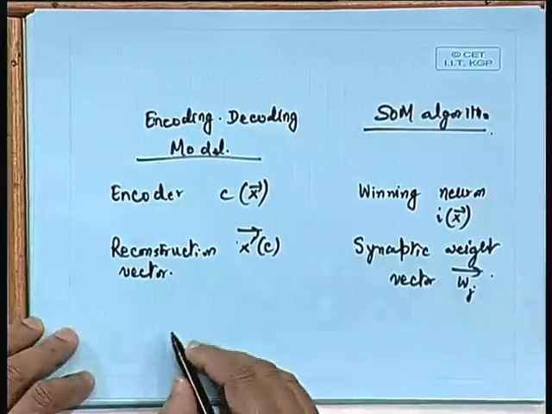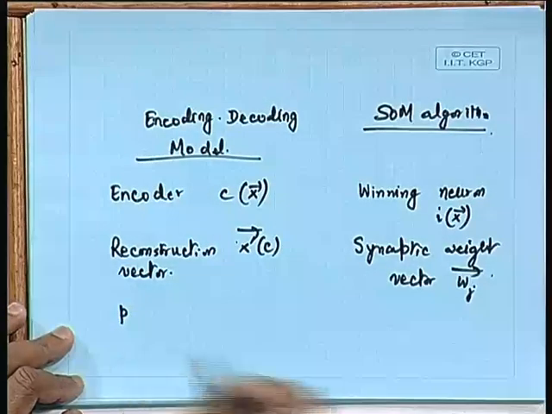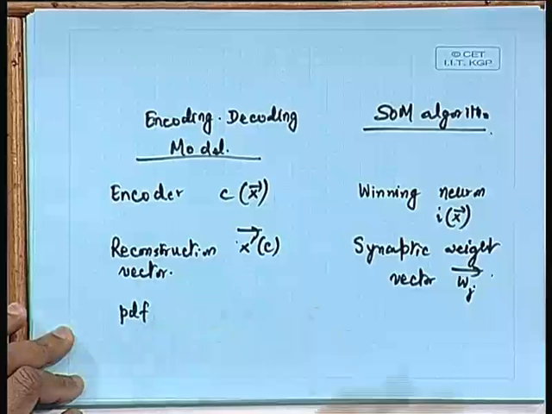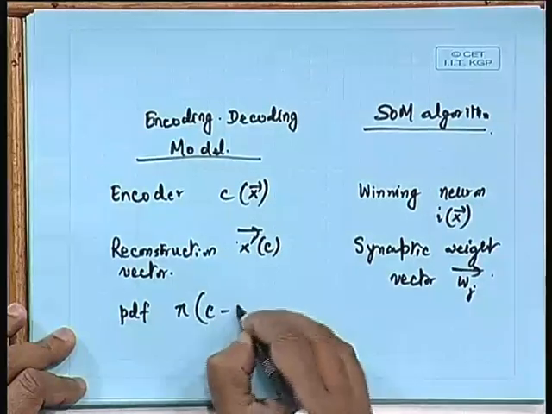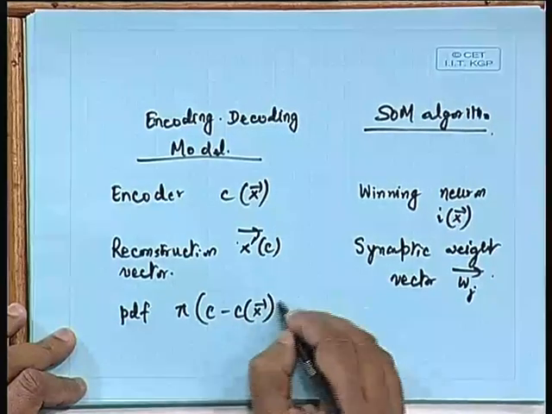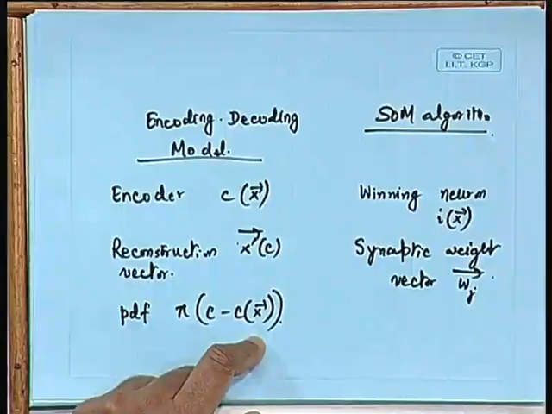Wj, and you see that I have also got, in the encoding decoding model where I had shown the noise term also, the probability density function pi of c minus c x vector. Okay. I had shown that. Okay. And what is its equivalent in the SOM algorithm? Neighborhood function, that is correct, because you see this c minus c x is something where we have the noise built in.